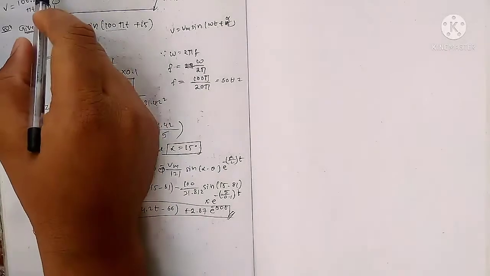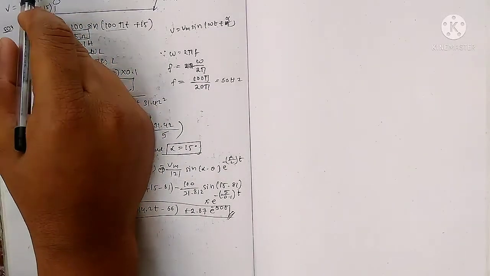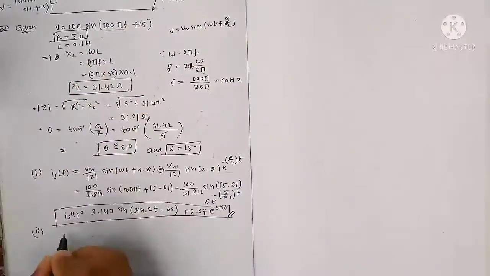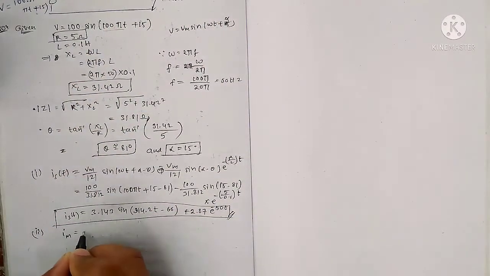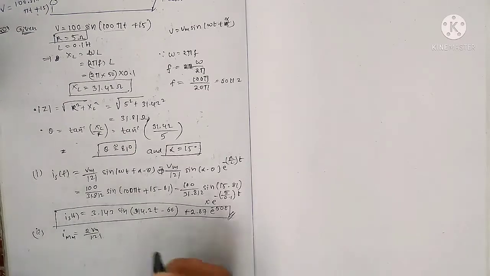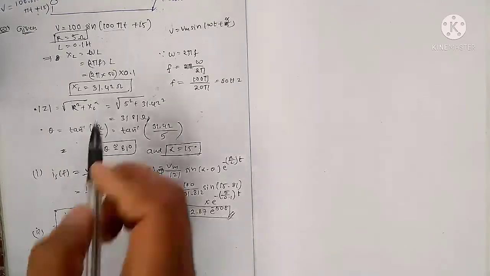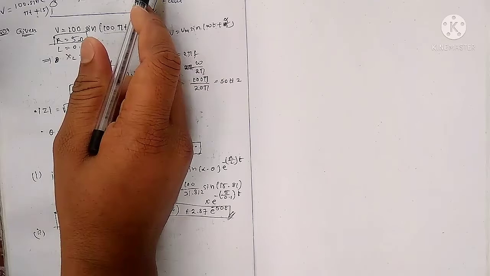Next, we need to find the exact value of first current maximum. We know that the maximum momentary current is equal to 2 times Vm by magnitude Z. But this is for the general momentary current, and we need to find the first current maximum.